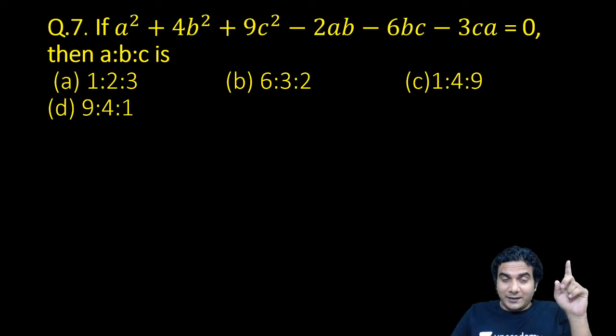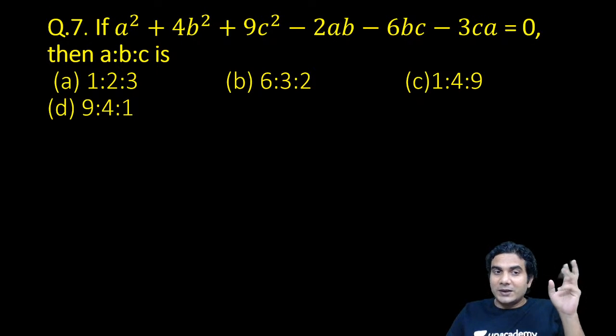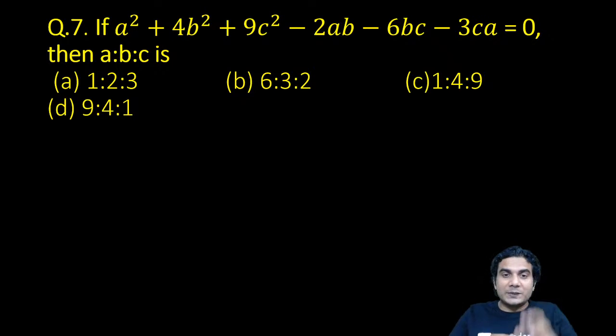But in special cases you can find the ratio, right? That means one equation, three variables, and you need the ratio of those three variables. Then there must be something special in this equation. Okay, so what is that special part? Think about it. Try to analyze it, try to figure it out, then I'll discuss with you.